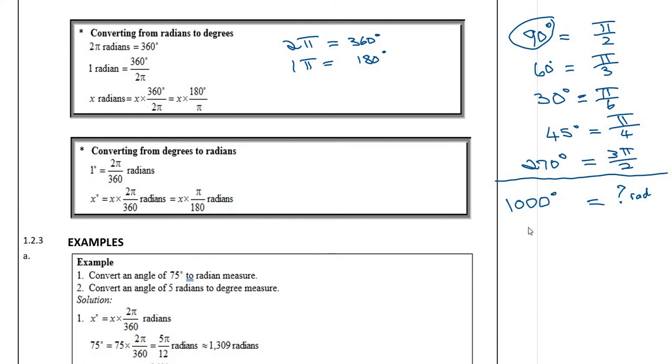So all we do is we take the degrees and we divide it by 180, which is also degrees, and then we multiply it by pi to convert it to radians, and then we will find the radian measurement. Okay, let me just get my calculator quickly.